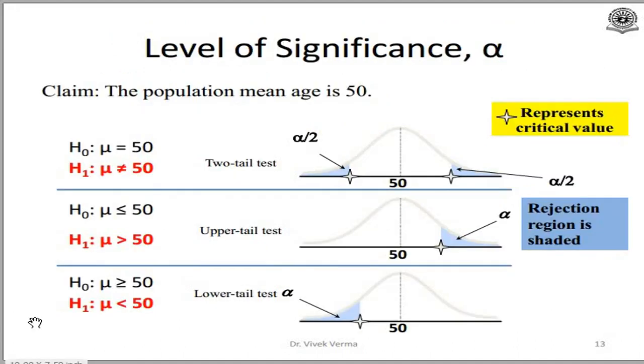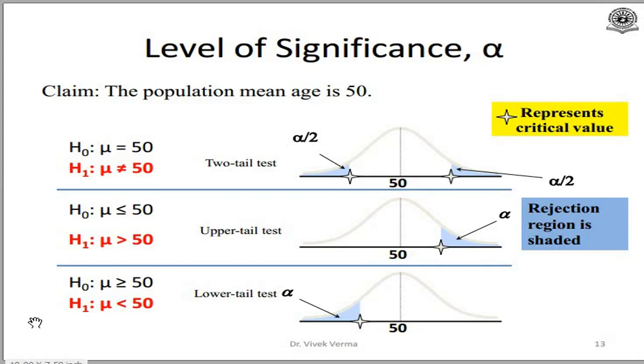Then, based on the level of significance, what are the possible types of tests? If you just focus on the alternative hypothesis, the meaning of the different types of tests becomes clear. If the null hypothesis is that the mean age is equal to 50, and we are not sure about the direction of the population age, then we assume the alternative that the mean age of the population is not equal to 50.